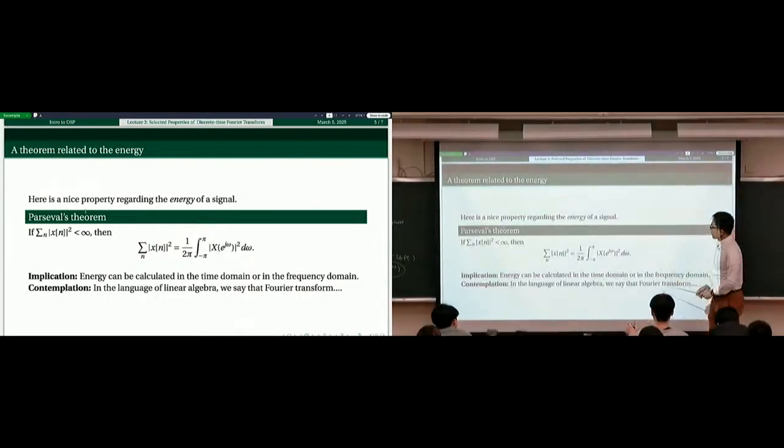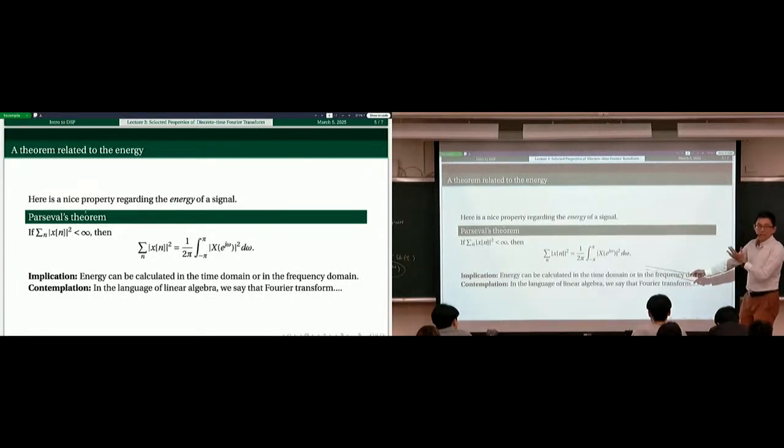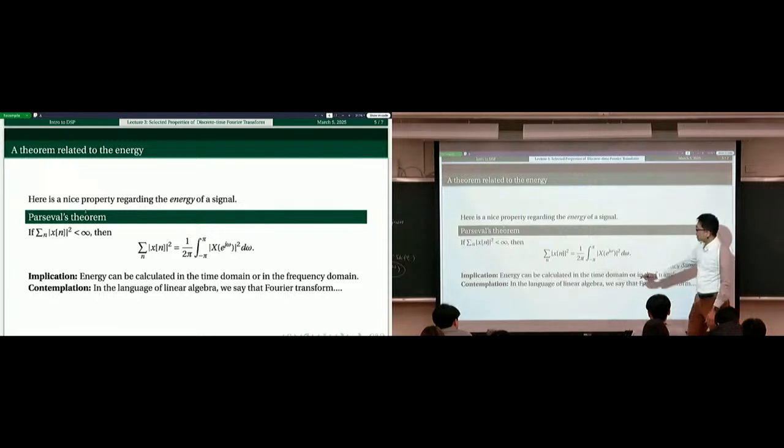So let's look at the result first, okay? There's an identity, 一个恒等式, identity. This is an identity which is true for any given signal x.